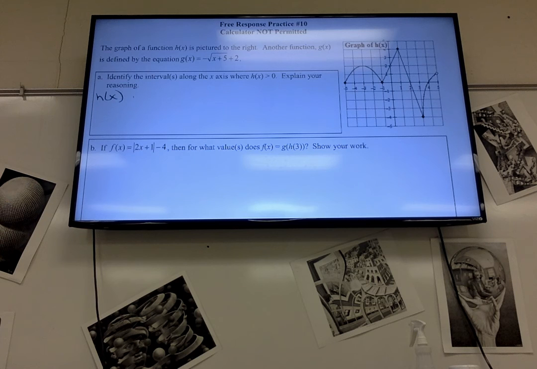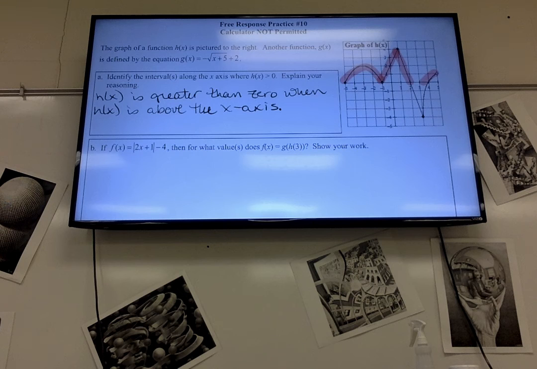H of x is greater than 0 when h of x is above the x-axis. So it's greater than 0 all these spots, except for where it touches the x-axis.